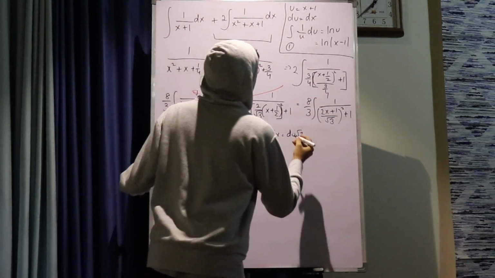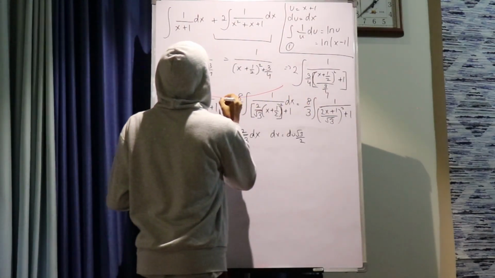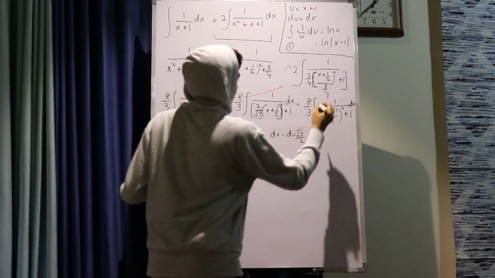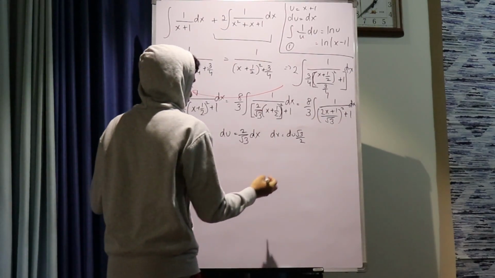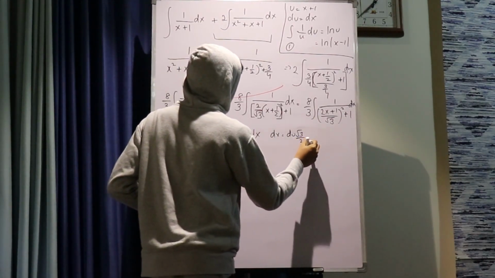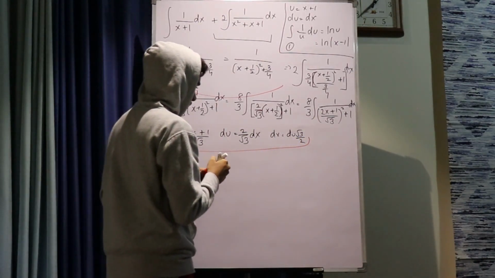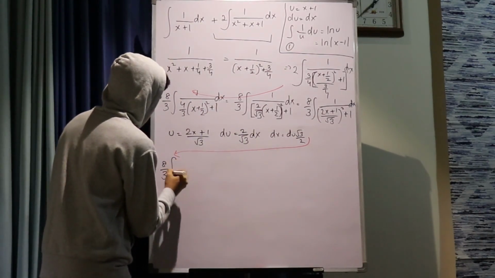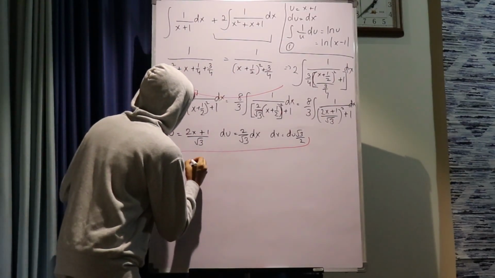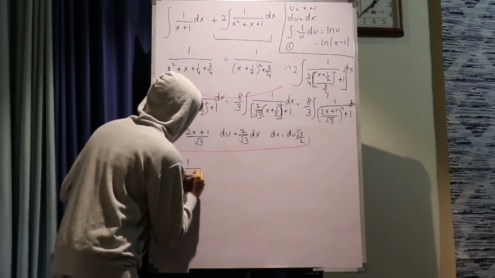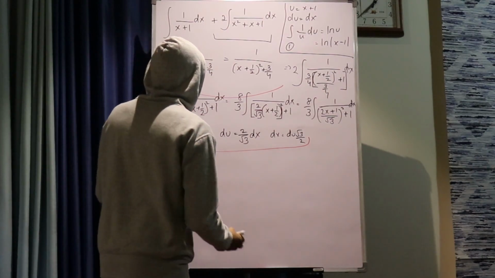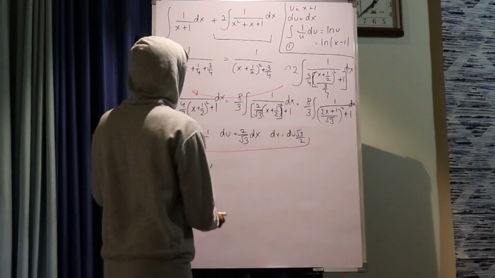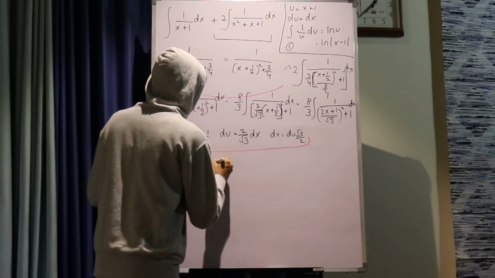So now let's plug that in. Whoops, I forgot that dx is everywhere. So now let's plug that in for dx. So let's bring that to the next step. So we get 8 over 3 times 1 over u squared plus 1 into du times root 3 over 2.